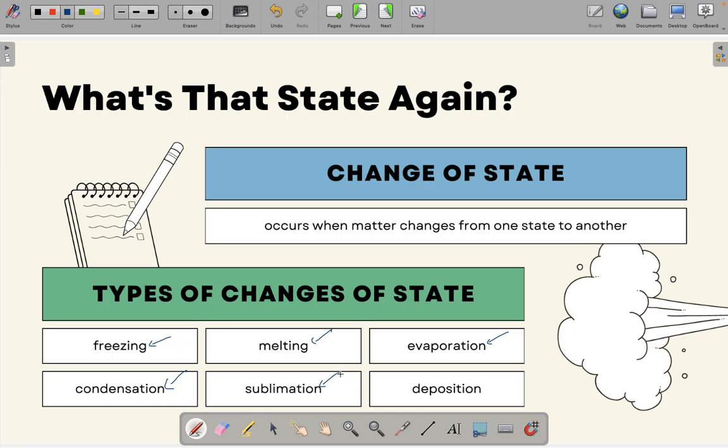Liquid to gas. No, solid to gas. So there is no liquid in sublimation. And what about deposition? Gas to solid. Yeah, very good. So you are directly converting gas to solid in the process of deposition. For example, frost.